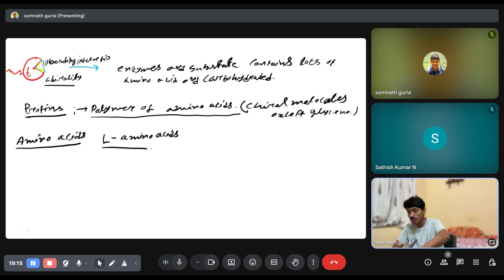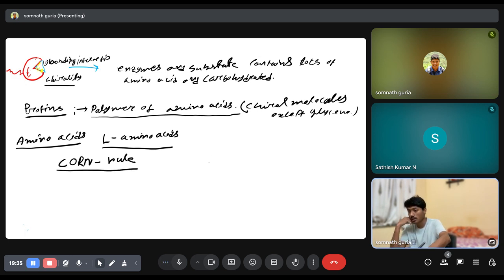How can we do the nomenclature, L or D? Now coming to another rule, called the CORN rule. So what does the CORN rule say?